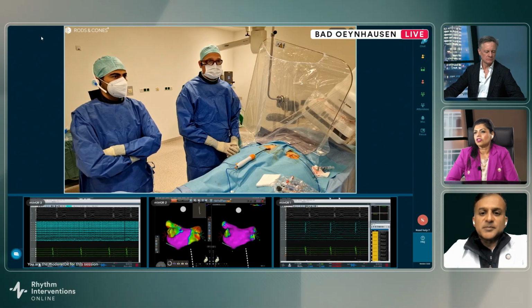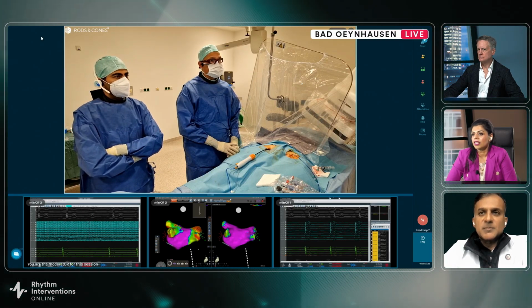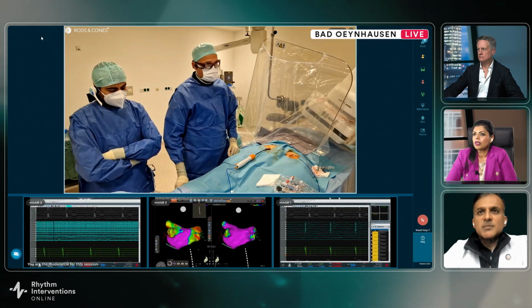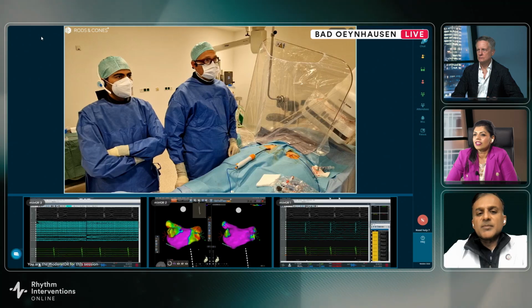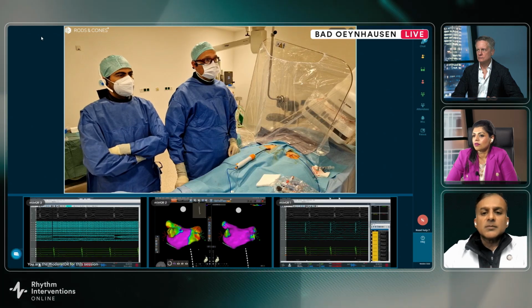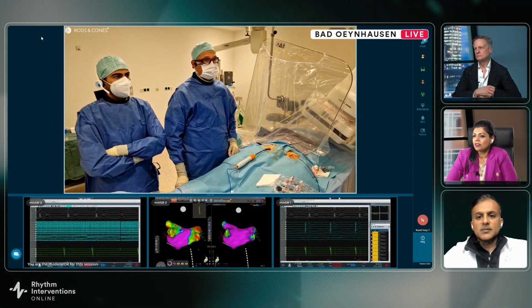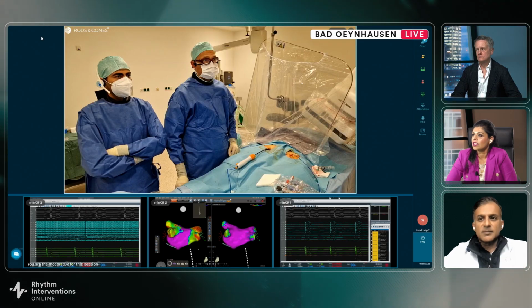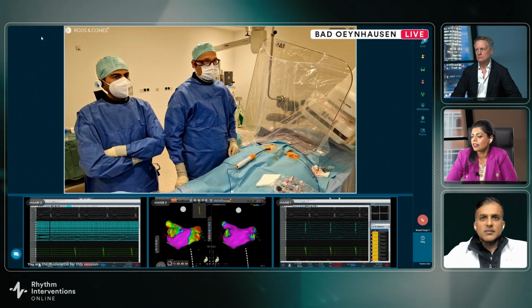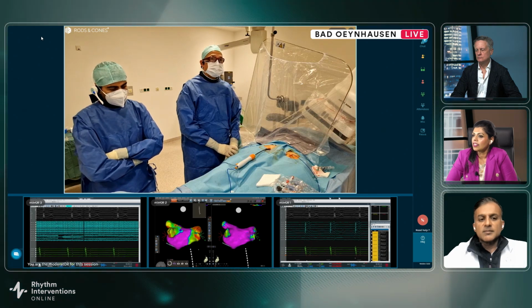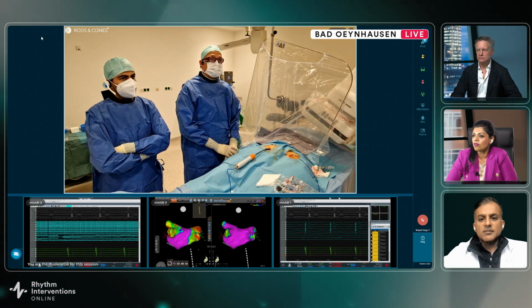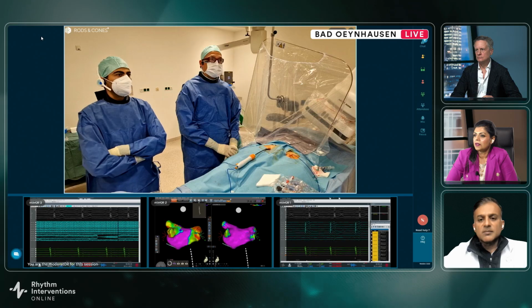I think the key, Richard, is what Christian did, getting that ACT appropriately high enough before starting the application, and making sure there's contact. There is that microbubble that we see on TEE as well as ICE images, but I think that is not very unique to this catheter. I think it's something we see with every pulsed field catheter.